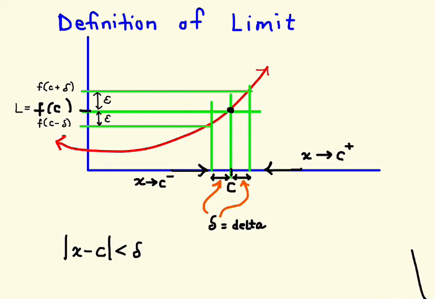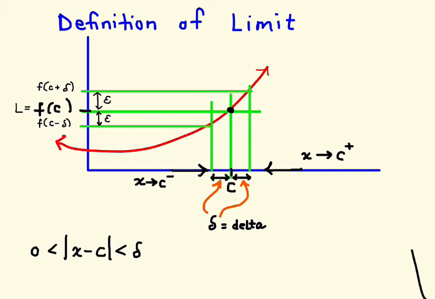And that's delta. And it has to be greater than 0. So there is some value delta such that the difference between x and c, and we're approaching c, right? So the difference between where we are in our approach and c is not 0, okay? It's greater than 0, but less than some value delta, okay? And delta is very small.